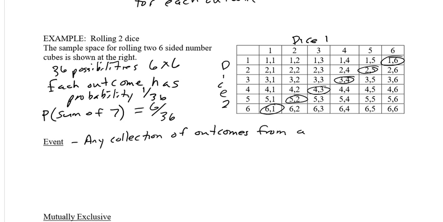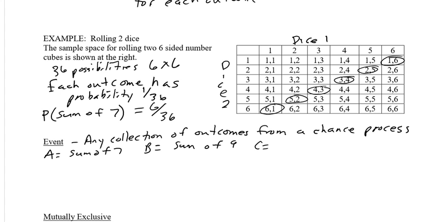So we might have events, and we usually label them with capital letters. A might be a sum of 7 that we just used. B might be a sum of 9 on the 2 dice. And C could be a 2 showing on either die. Those would be 3 events.